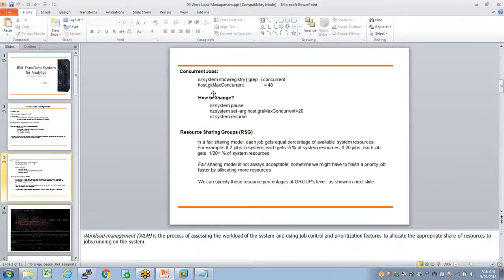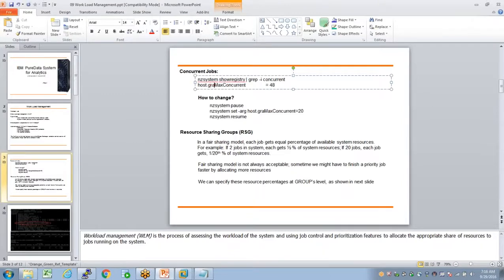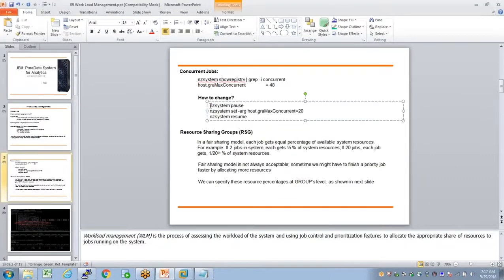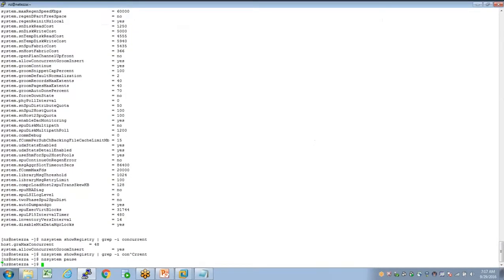Okay, it's GRA. GRA max concurrent stands for guaranteed resource allocation. So the maximum I can have is 48. If I have to change this parameter, changing is very easy. To change any of these parameters, you have to put your system in a paused state.